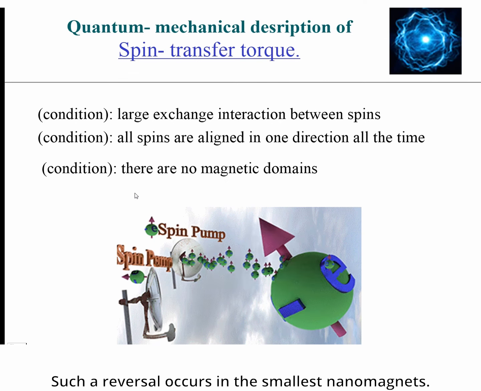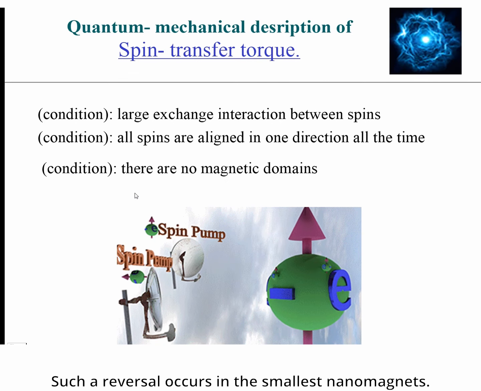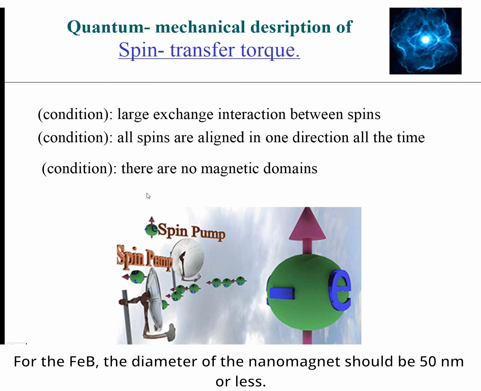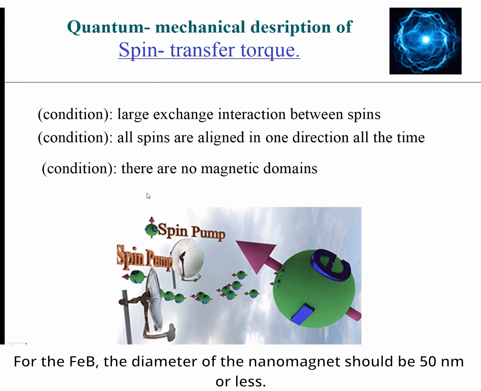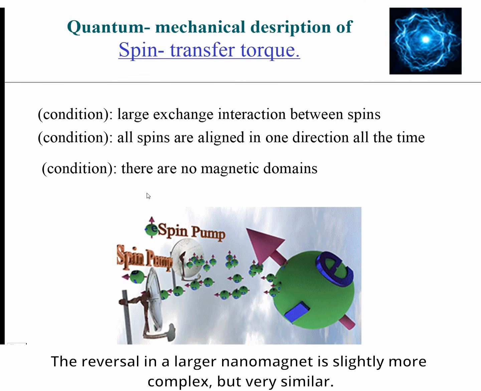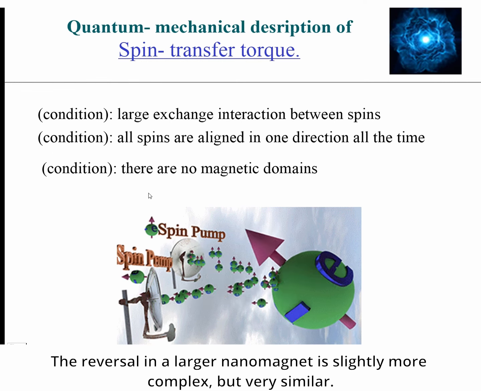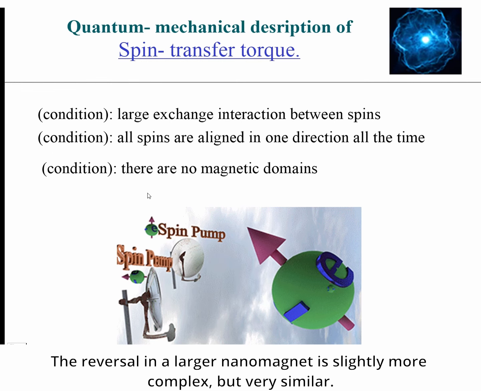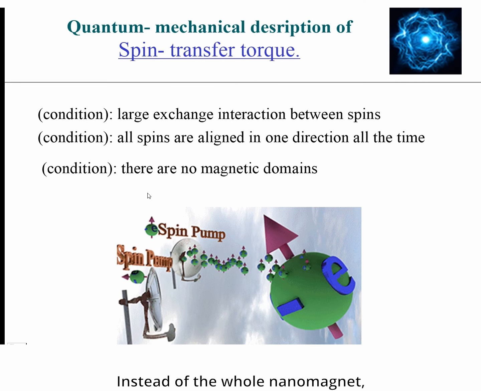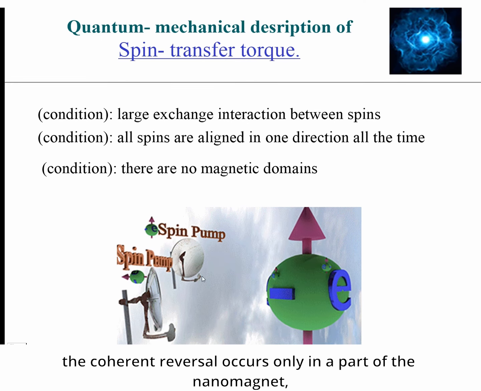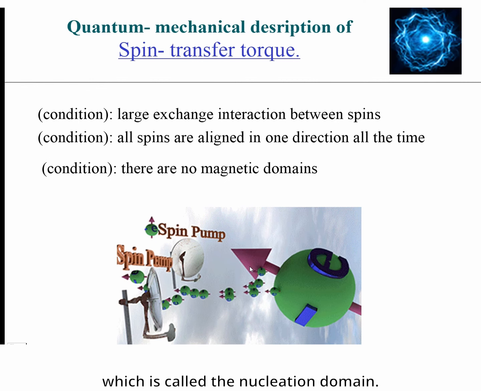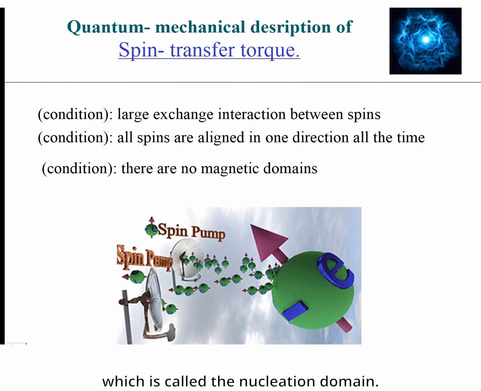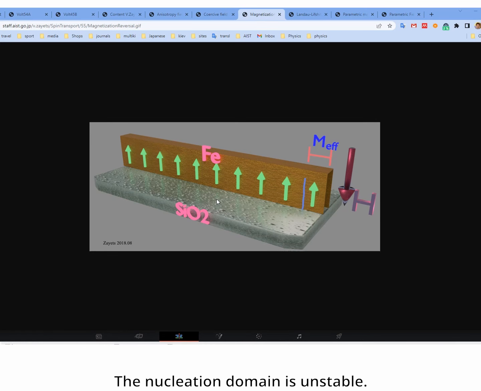Such a reversal occurs in the smallest nanomagnets. For iron boron, the diameter of the nanomagnet should be 50 nanometers or less. The reversal in a larger nanomagnet is slightly more complex, but very similar. Instead of the whole nanomagnet, the coherent reversal occurs only in part of the nanomagnet, which is called the nucleation domain. The nucleation domain is unstable.